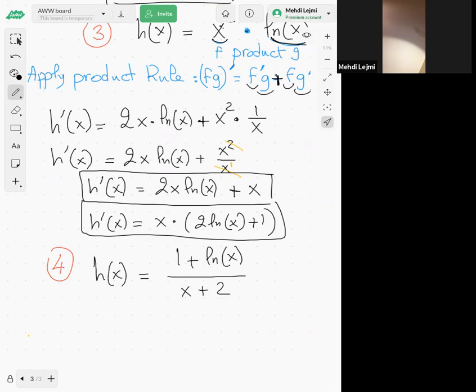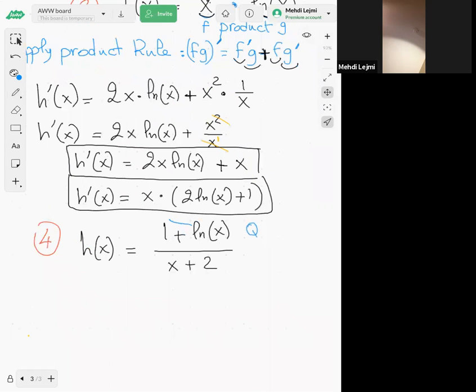All right, so this is a quotient. So we're going to apply the quotient rule.